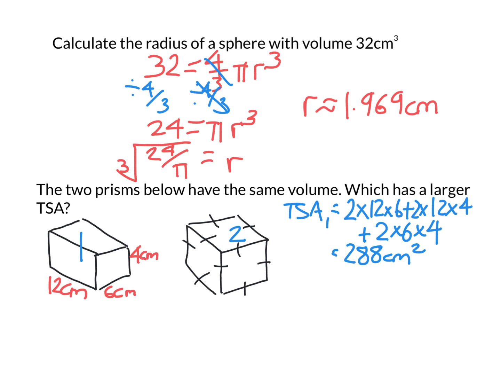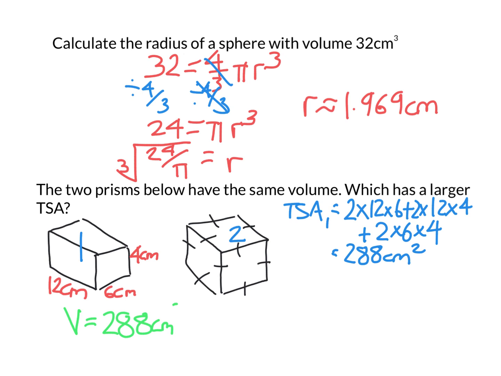So now let's find the surface area of this cube here. So in order to find the surface area, we are going to need to first find the side length. What will be the side length? How do I find that out? Well, I'm told that these two have the same volume. You see, the volume of this one is 12 by 6 by 4. So that equals 288 centimeters cubed.